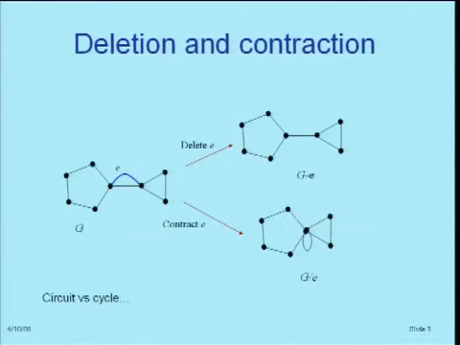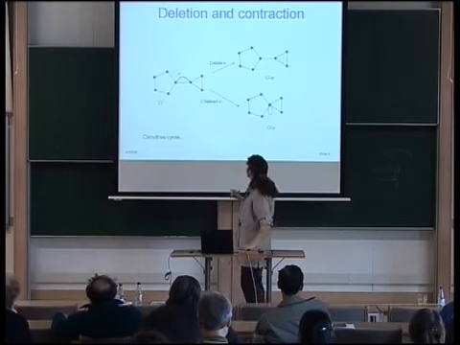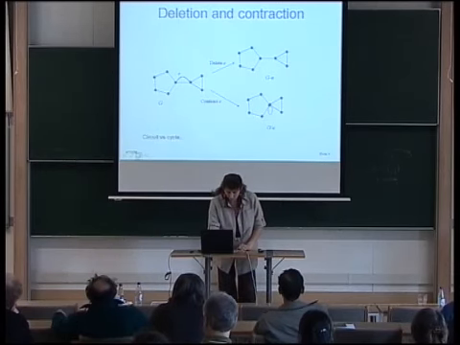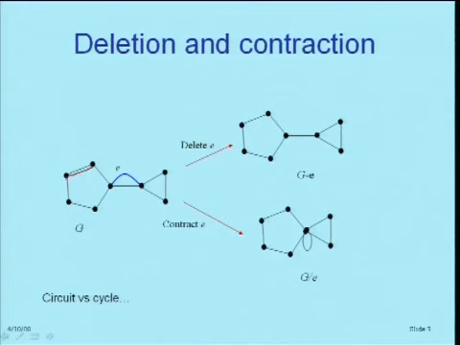We've already talked about deletion and contraction. Deletion is just to take an edge out, contraction is just to make it smaller and smaller until the two endpoints are identified and the edge is gone. The one thing I did want to touch on is that I'm going to call something like this a cycle.